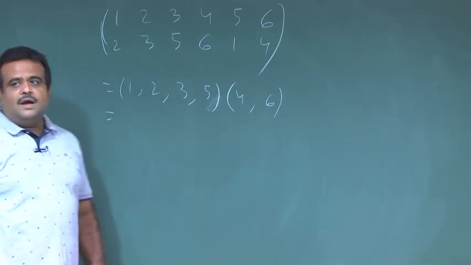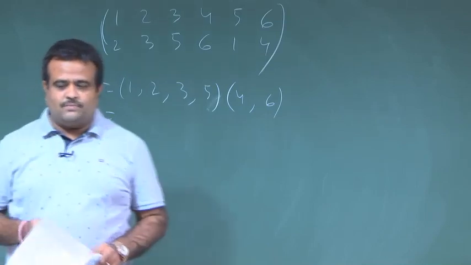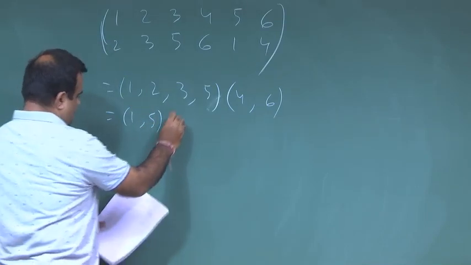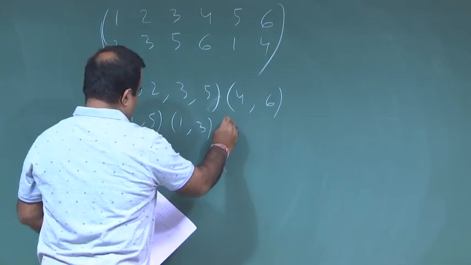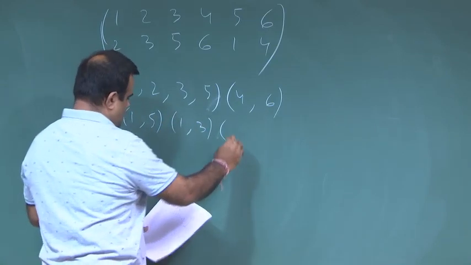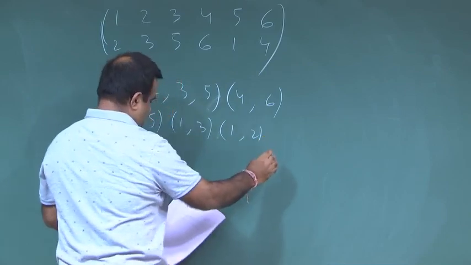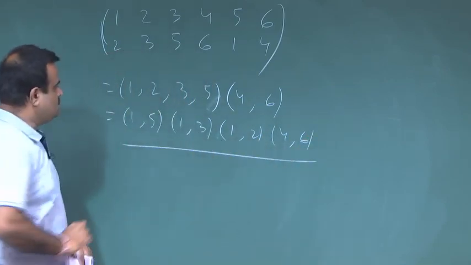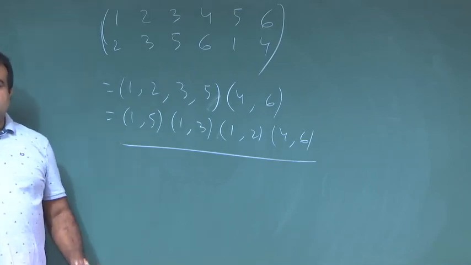So, this permutation we can write in cycle form, and then we want to write this as a product of two length cycles. How can we write this? This is 1 5, 1 3, this is composition, 1 2, and then 4 6 we have. This is the product of transpositions.